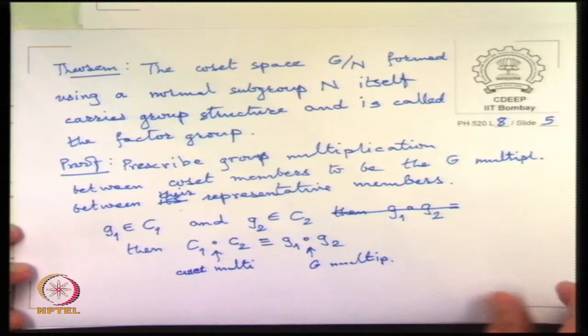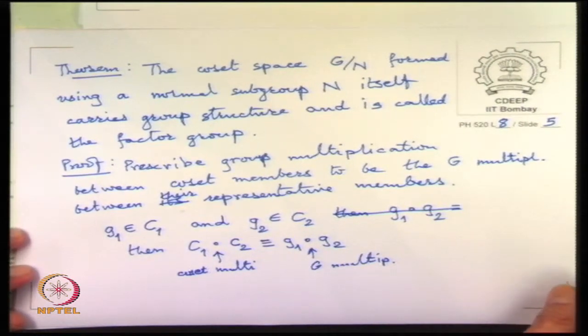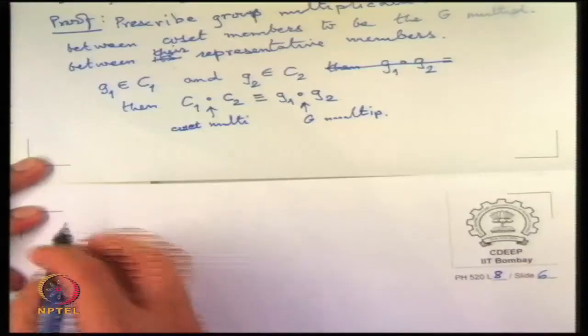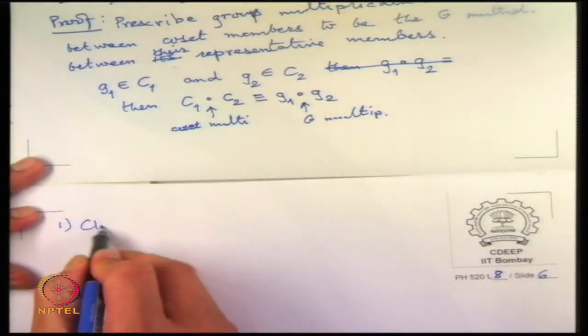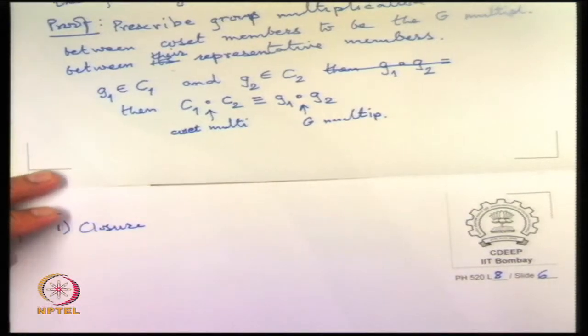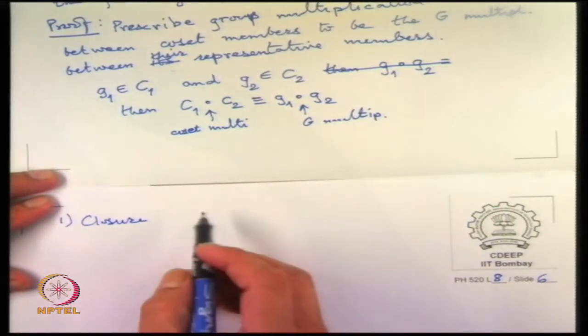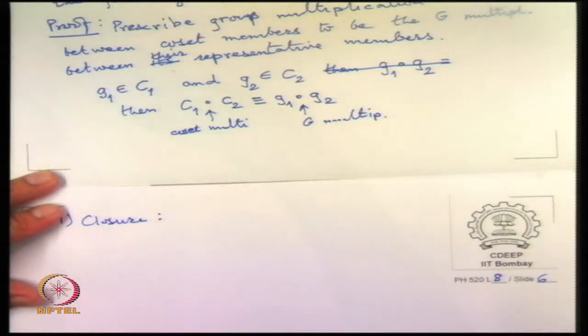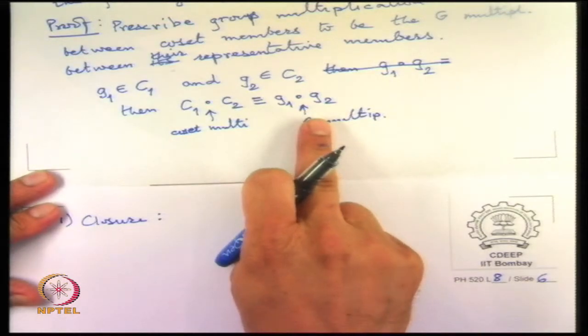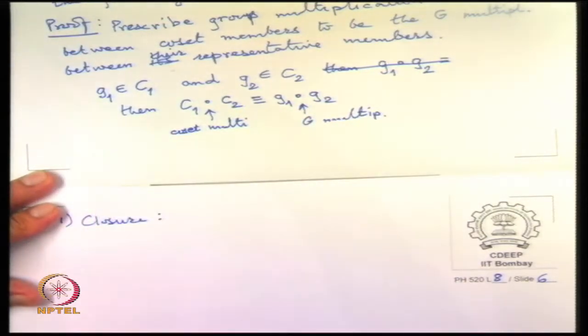So we can see that the various axioms of a group are satisfied. Firstly, for closure, clearly if I multiply these two, I will get some element, so this has to do with equivalence classes. Equivalence classes exhaust the whole group. Therefore, if I take two representatives G1, G2 and multiply them, the resulting multiplication should belong to some coset, right?